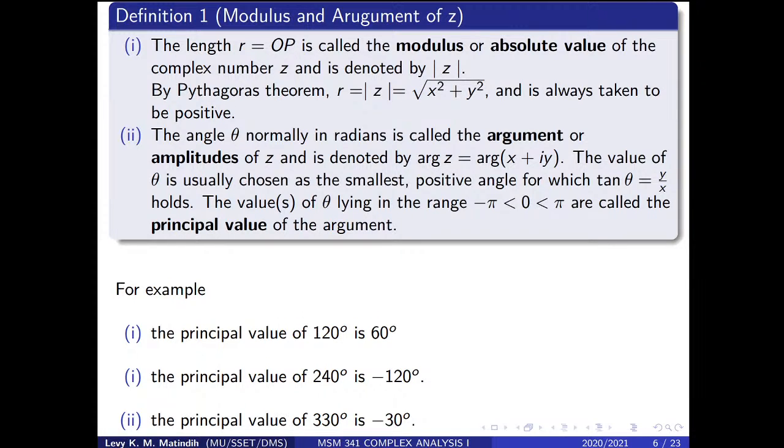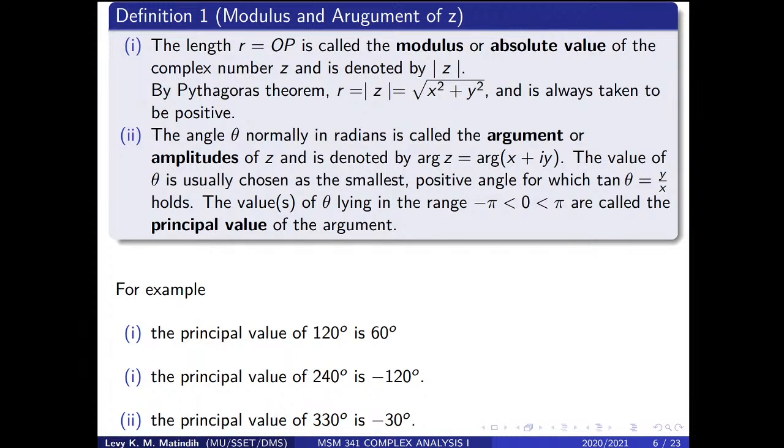The values of theta, the argument of a given complex number, lying in the range from negative pi to pi, we call the principal value of the argument. So how can you tell that this is the principal value? There is an argument and the principal value. Some authors use the words principal argument.